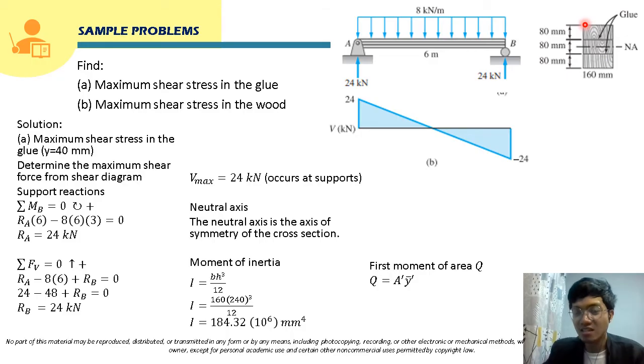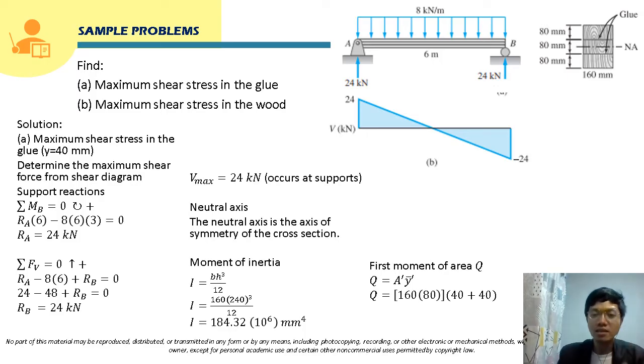Okay, so in this case, class, alam din naman natin agad kung nasan yung centroid nitong A prime natin. Alam natin, nasa gitna lang. So, ito ay 40 mm lang dito. Okay, from the glue, 40 mm yung distance niya dun sa centroid. So, isasama pa natin tong distance na to. Kasi ang kailangan natin, yung distance from the neutral axis papunta dun sa centroid. Okay, para dun sa y bar prime.